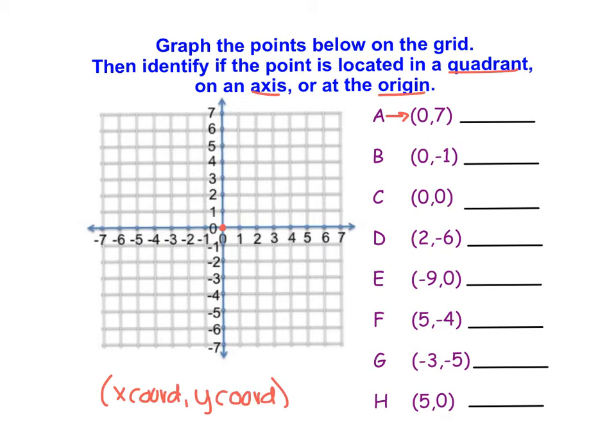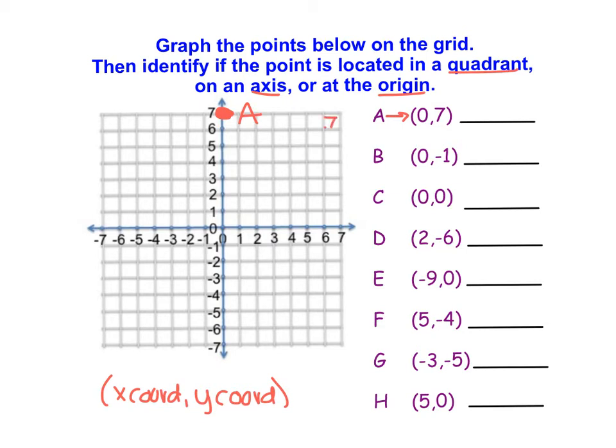So where x is 0, we then find the matching point where y is 1, 2, 3, 4, 5, 6, 7. So right here is point A. We find the meeting point of where x is 0 and y is 7. And then from here I need to determine its location. Well, first I'm noticing that we're not in one of the key quadrants.